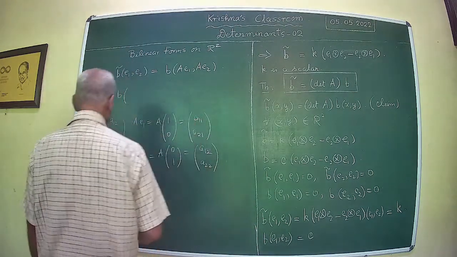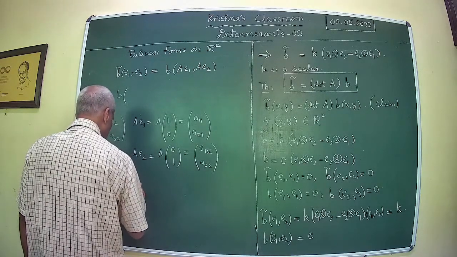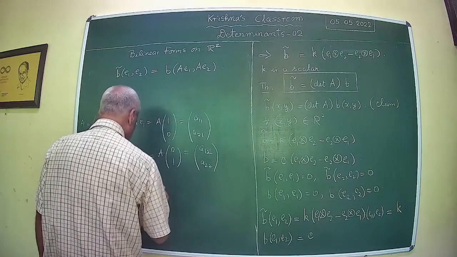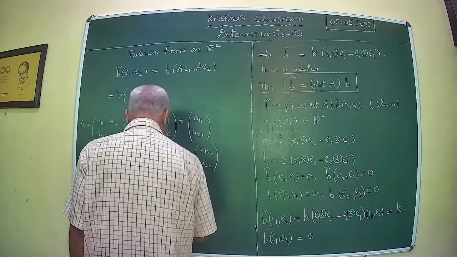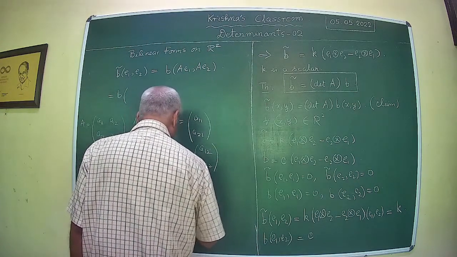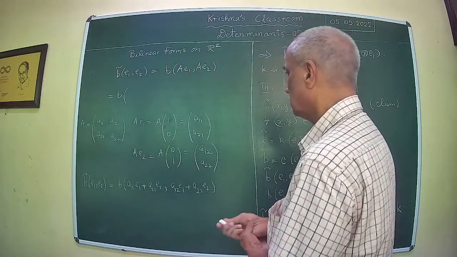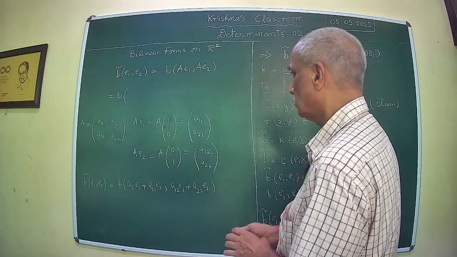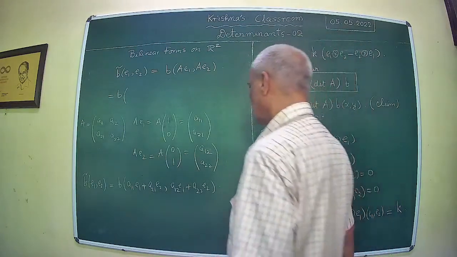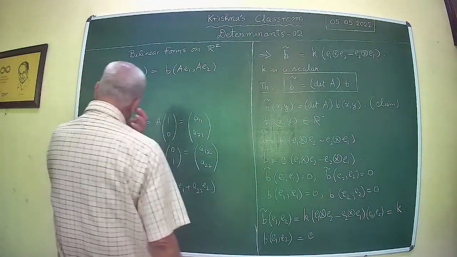Therefore, B tilde of E1 E2 is equal to B of A11 E1 plus A21 E2, A12 E1 plus A22 E2. Now expand this. You expand this, what do you get?